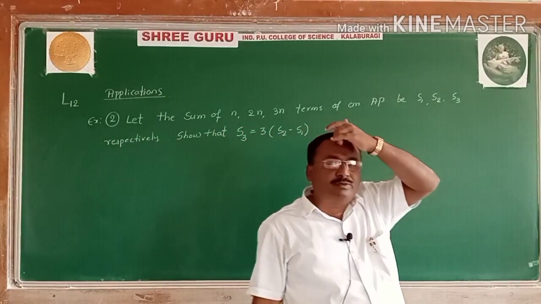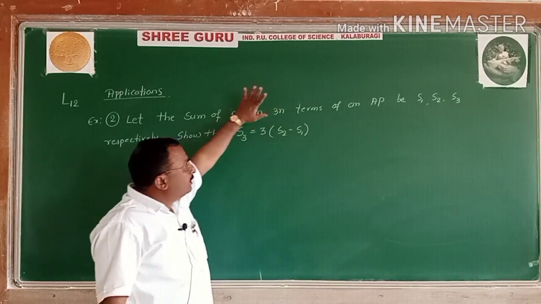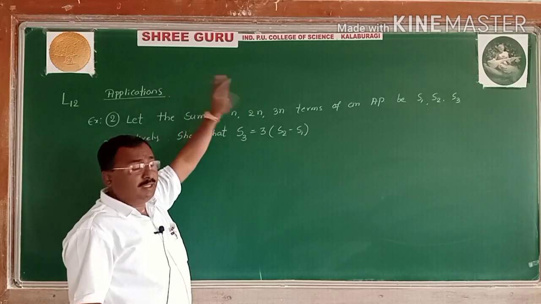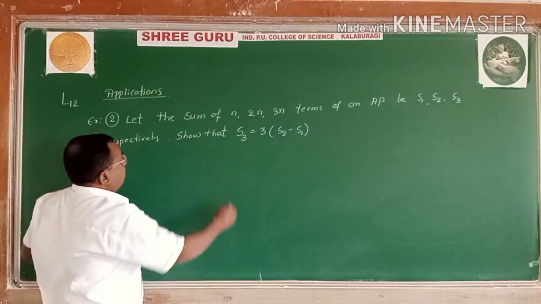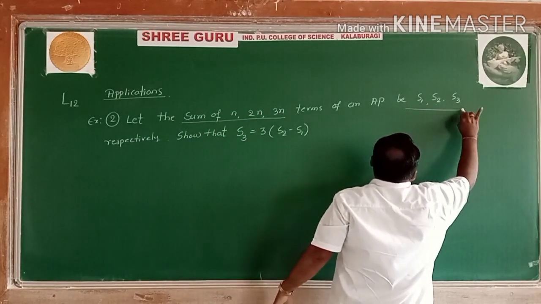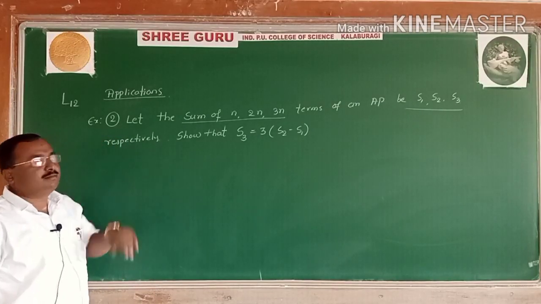Listen here, my dear students. Keep in your mind, the given information is very important in sequence and series. Sum to 3 terms, here also 3 terms. Respectively is there.